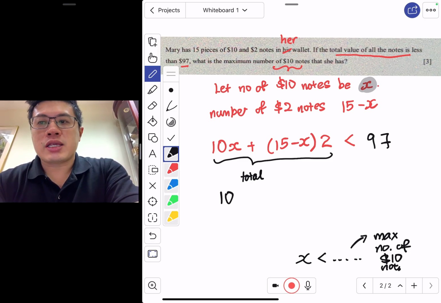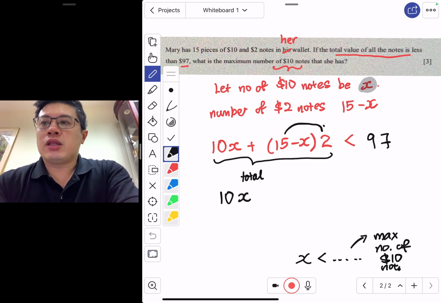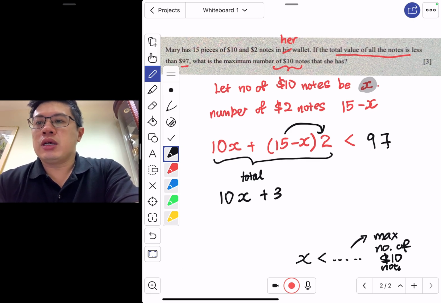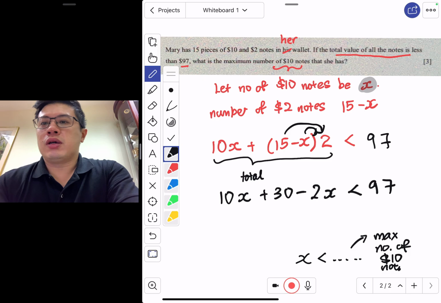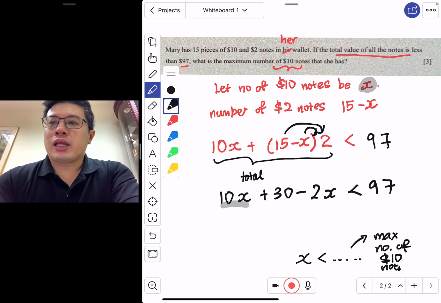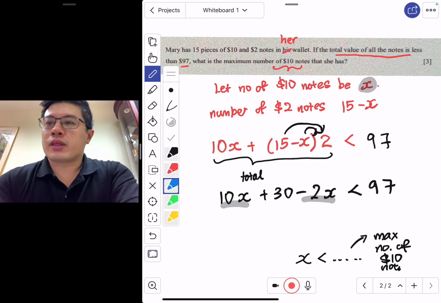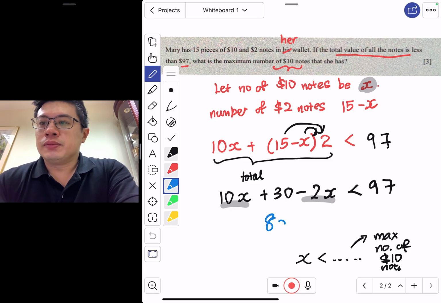We take 10x plus 15 minus x times 2, that is 30 minus 2x, less than 97. Collecting like terms, 10x and minus 2x gives me 8x plus 30 less than 97.